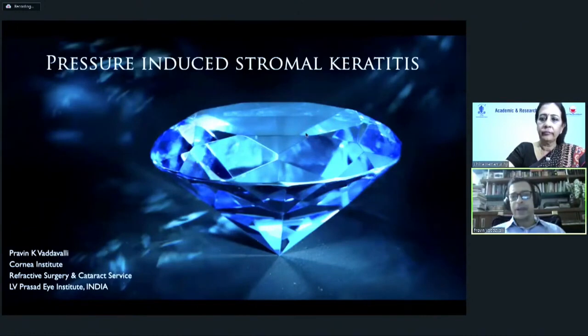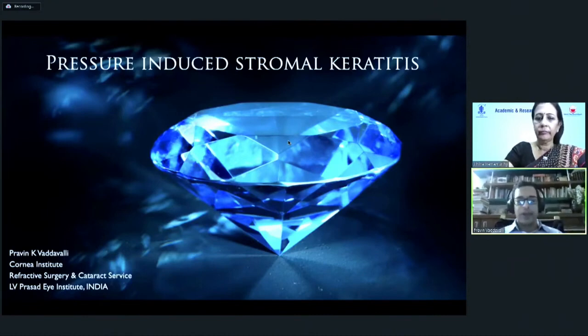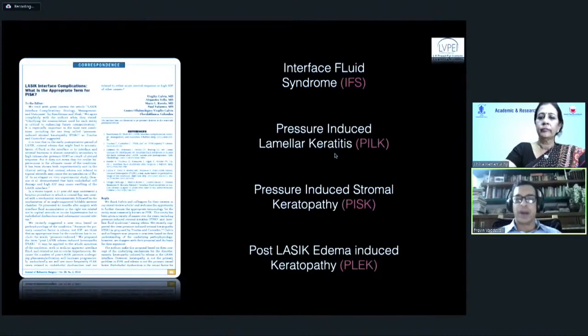Because this is an ARC session and there potentially are also going to be a lot of students, I thought I'll keep my talk a little basic and go back to the principles about why this occurs, and then talk about how to recognize this, and then talk about how to treat this and avoid it. So PISK, or pressure-induced stromal keratitis, is known by a lot of other names.